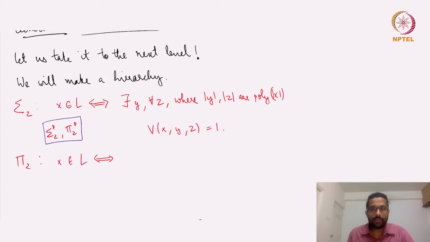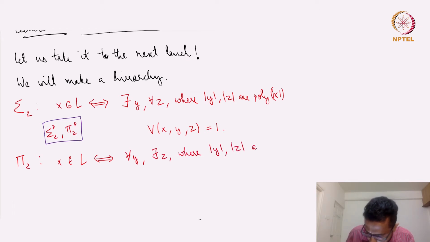It's the class of all languages L such that x is in L if and only if for all y there exists z, where the lengths of y and z are polynomial in the length of x, and there is a verifier that accepts x, y and z.